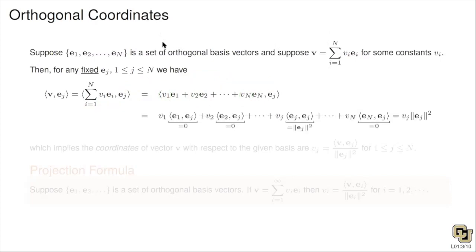If you look very carefully, here's an inner product, and what's happened is I distributed the e sub j to that inner product, and then I pulled out the v sub 1. That gets pulled out here.